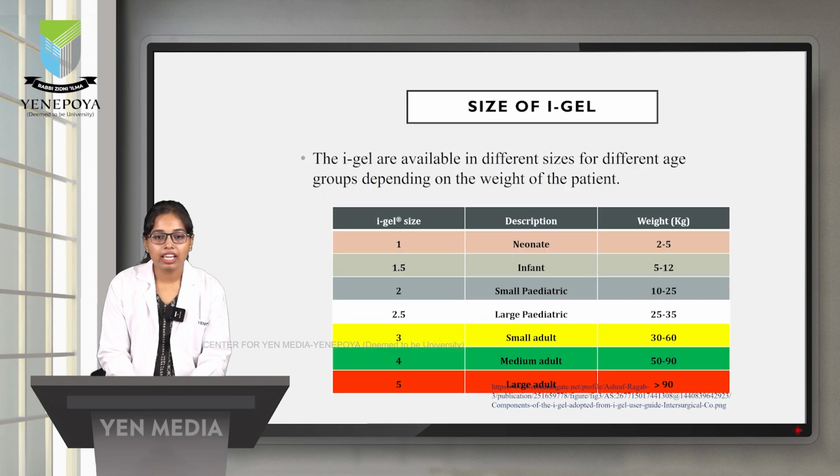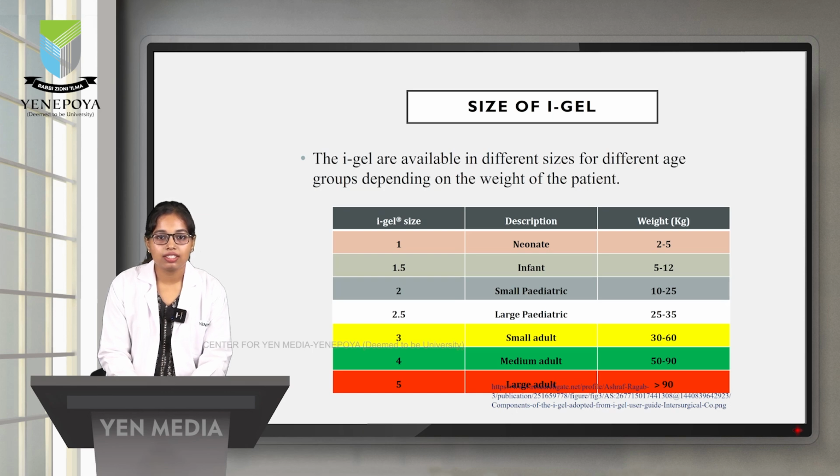And the i-gel is available in different sizes for different age groups depending upon the weight of the patient. Size 1 is for neonates, weight 2 to 5 kgs, and i-gel 1.5 for infants weighing 5 to 12 kgs, and i-gel size 2 for small pediatrics, 10 to 25 kgs. 2.5 i-gel can be used for large pediatrics weighing 25 to 35 kgs.